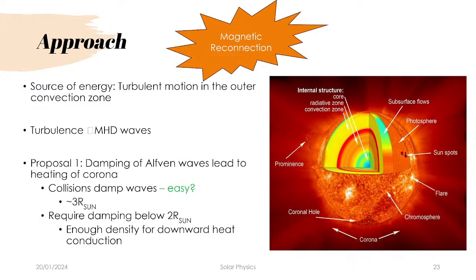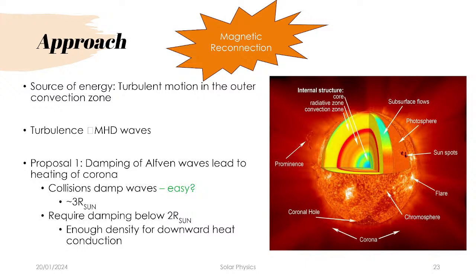And so comes the first proposal: the dampening of the Alfven waves, and this dampening is causing the heating of the corona. There could be collisions with some plasma particles during the transport, and hence you're able to see the dampening of waves.